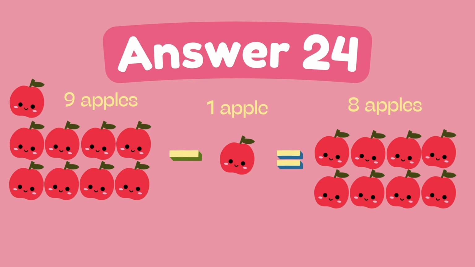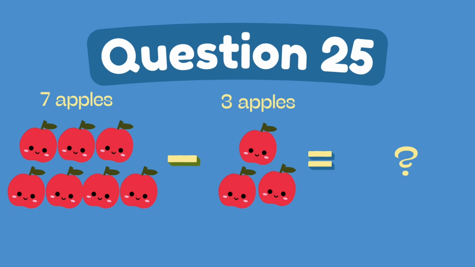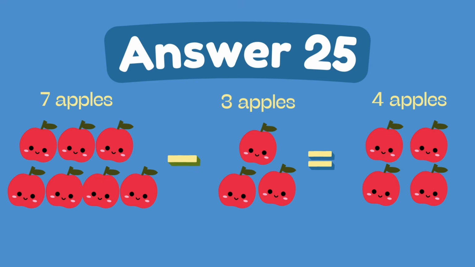The answer is 8. What is 7 minus 3? The answer is 4.